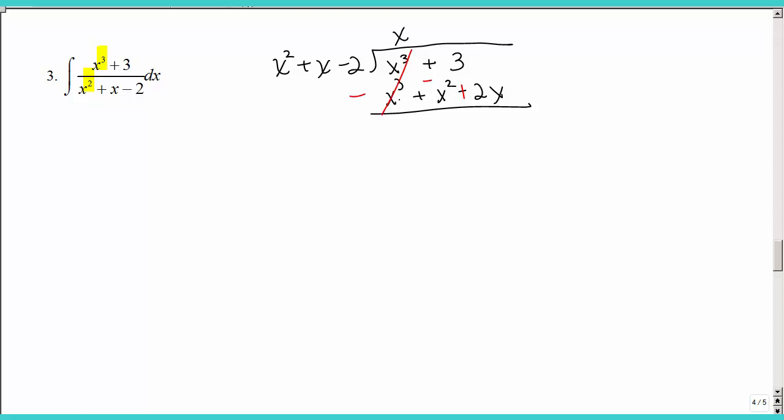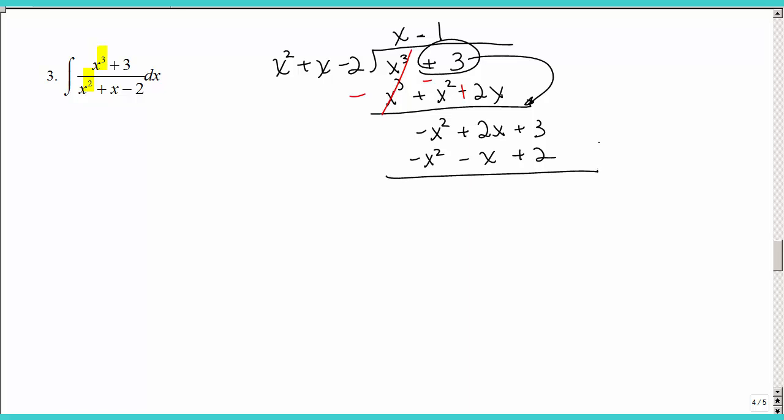And because long division really mandates descending order, I'm going to put my negative x squared, then my 2x, and then I'm going to bring down the positive 3. So dividing again, I get a -1. So that would give me 3x plus 1.